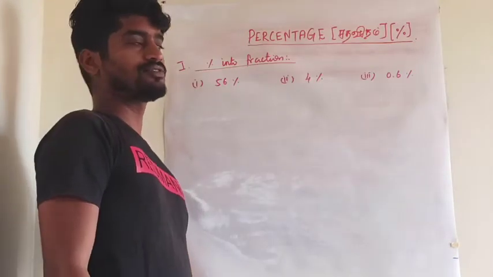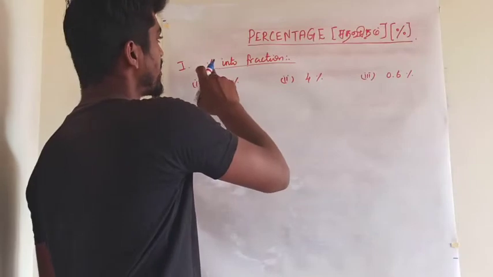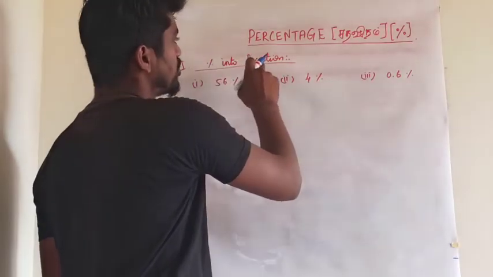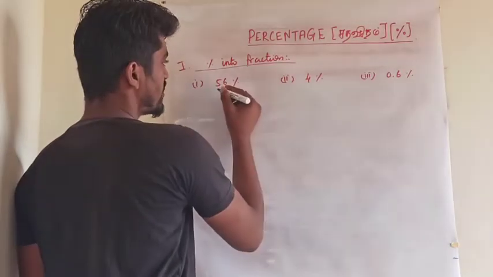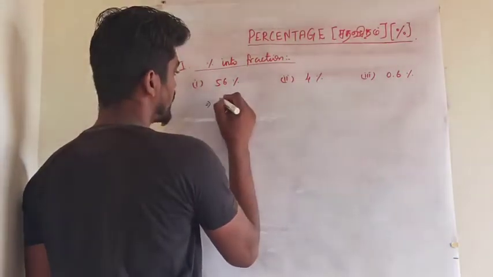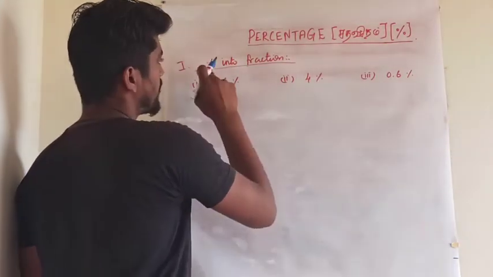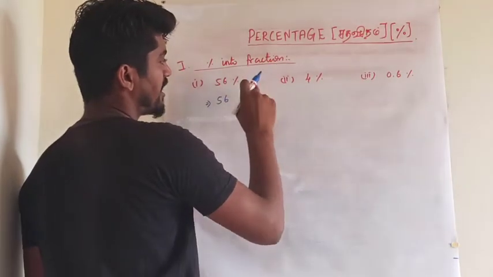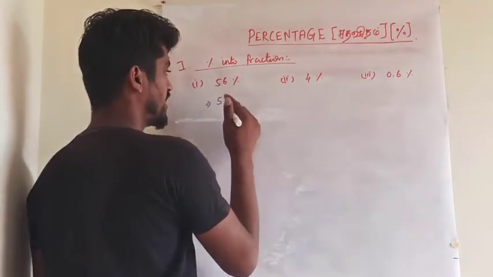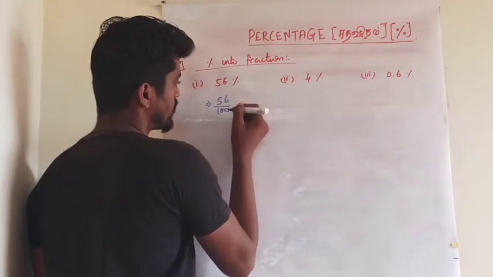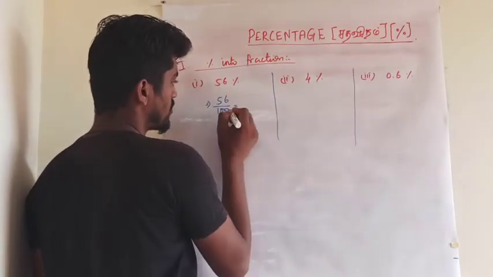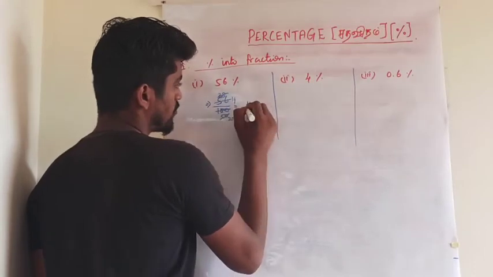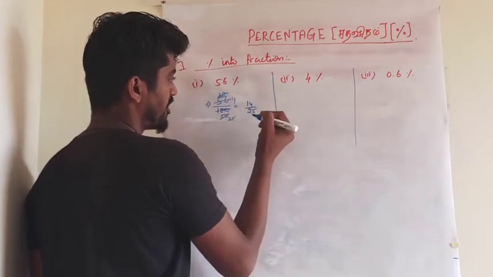Now we have to see some example sums on percentage to fraction conversion. The first example is 56 percent. To convert from percentage into fraction, we divide by 100. So we have to simplify the values: 14 divided by 25.